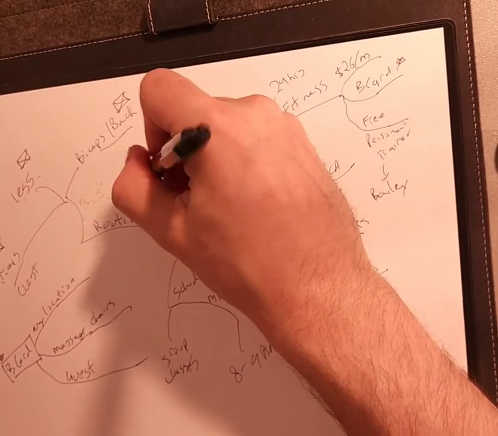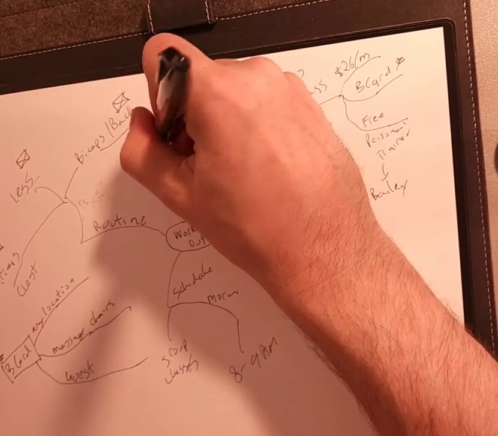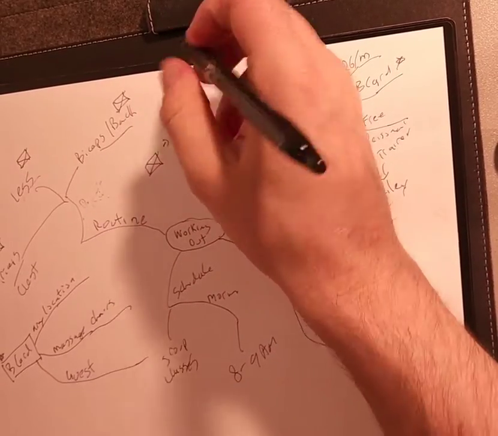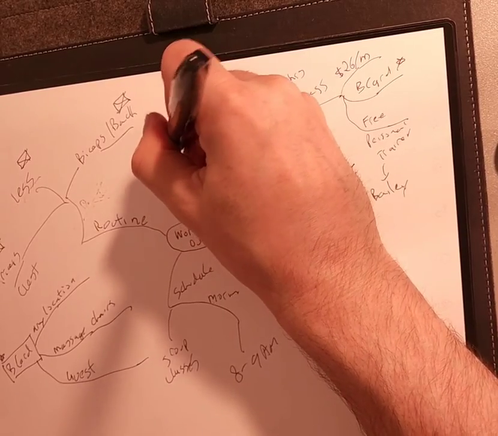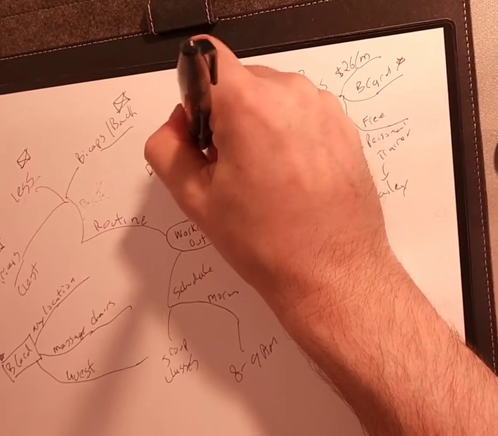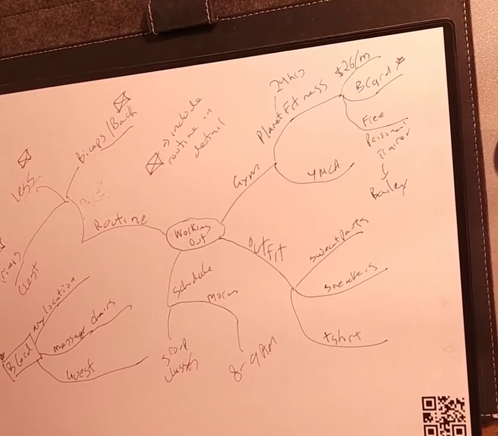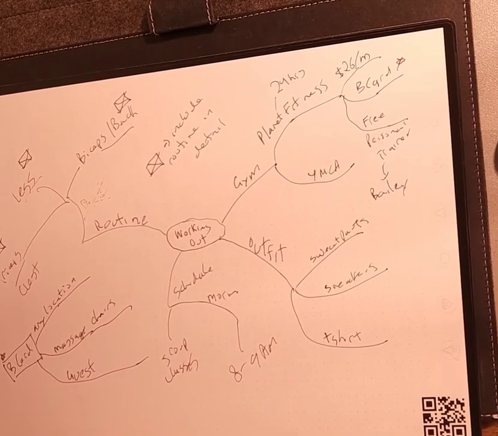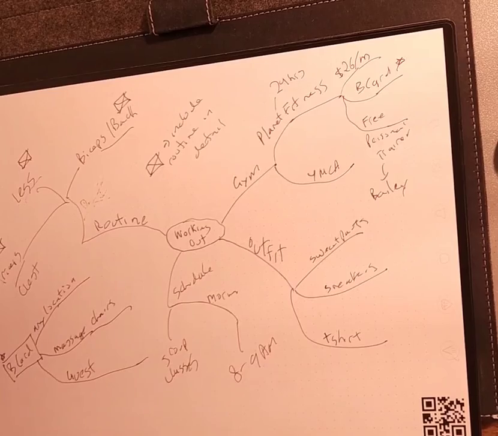And for the sake of space here, we'll just put, I'll say, include routine in detail. So there you have it. There's my mind map, and that's kind of my workflow.